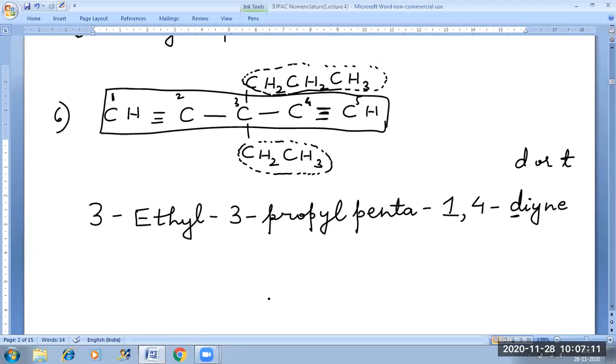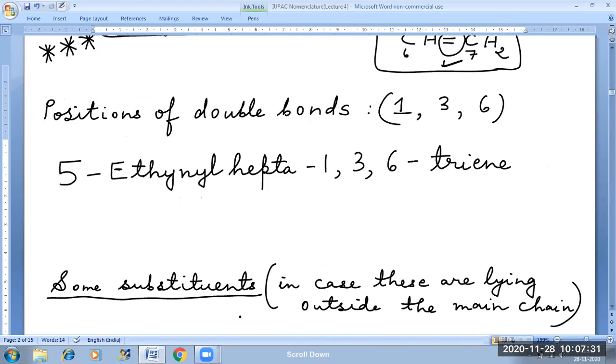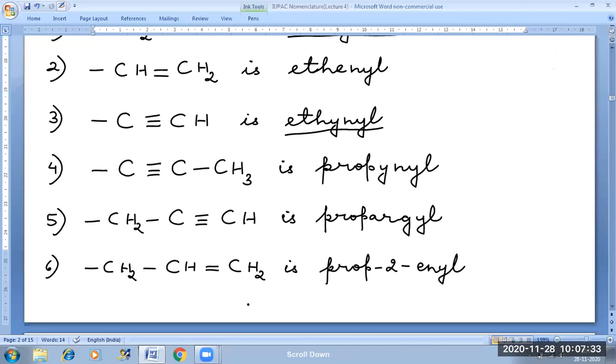Okay. I think somebody wants an explanation in the sixth one. The naming of the sixth substituent, the table one. Prop-2-enyl.